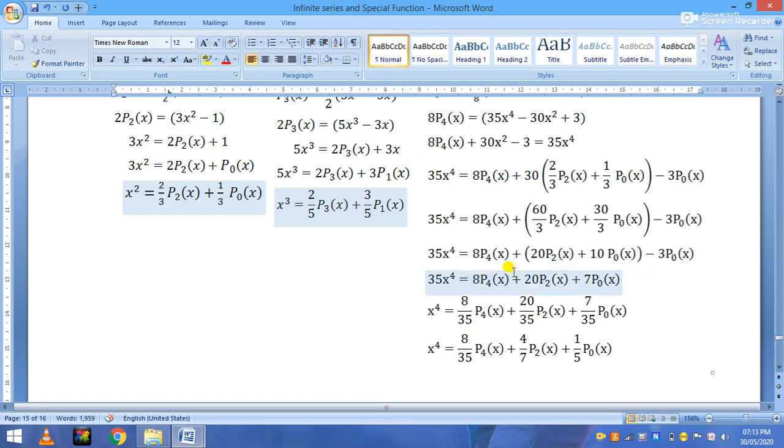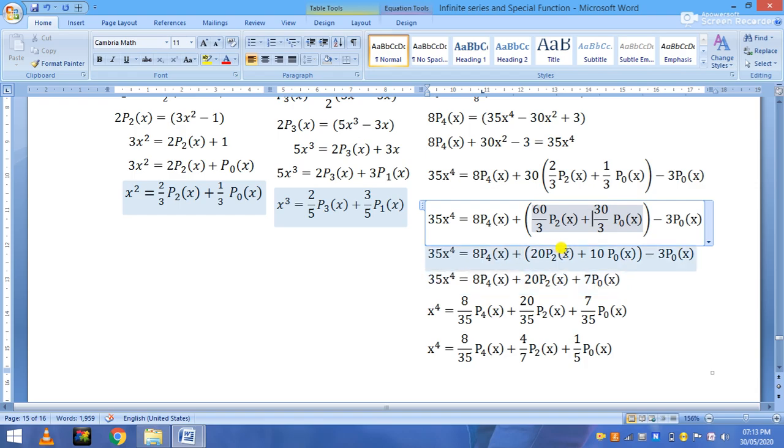Next we club the P4 term, P3 term, P2 term, P1 term, P0 term. On simplifying you get 35 x raised to 4 equals 8 P4 of x, there is no P3 term here, only P2 is there, 20 P2 of x, P1 is not there, so next will be P0, 10 minus 3 will be 7 P0 of x.